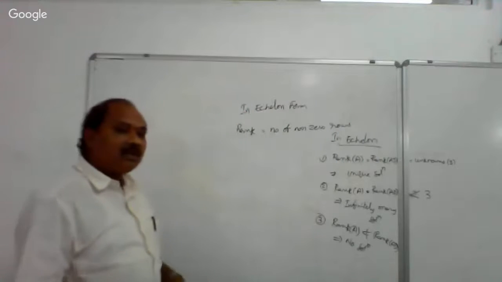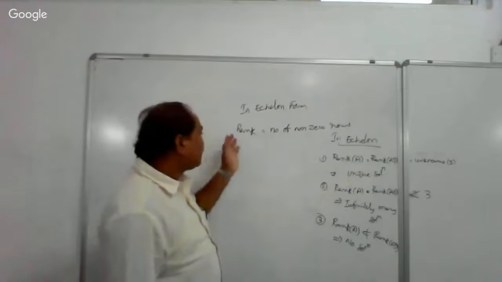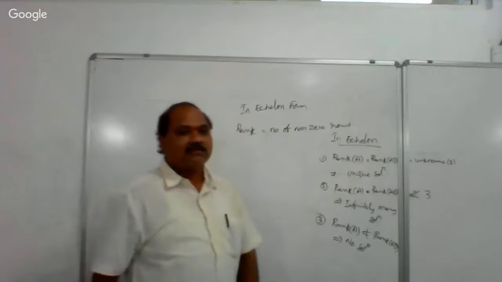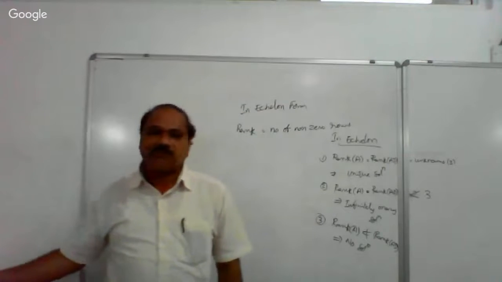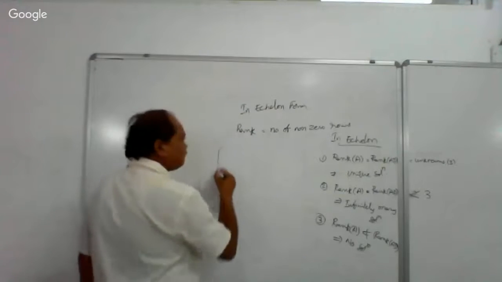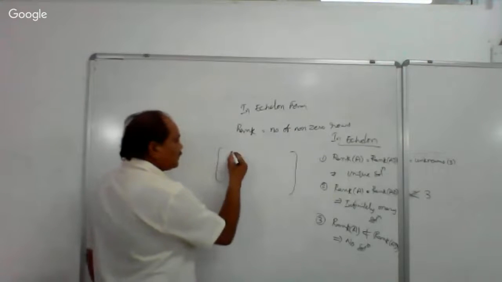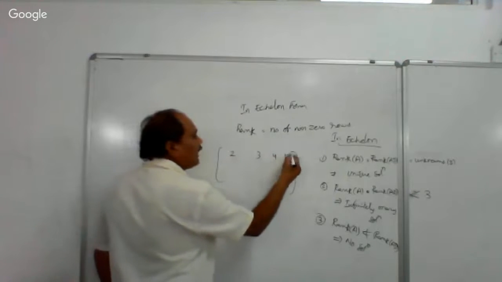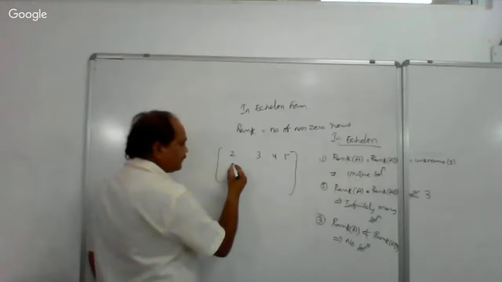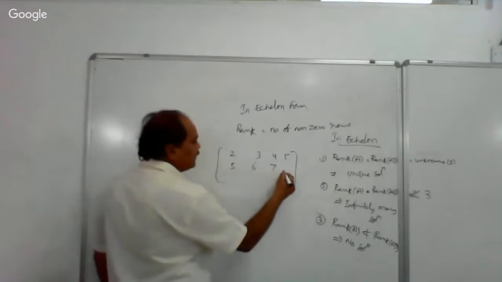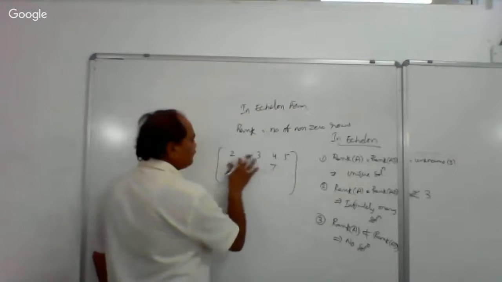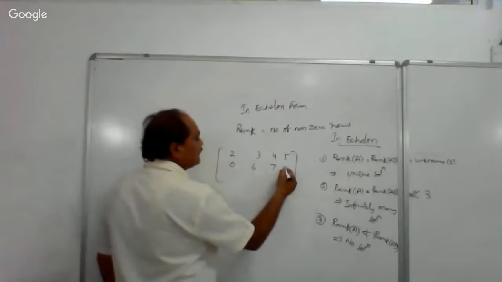For example, take the rows 2, 3, 4, 5; 5, 6, 7, 8.